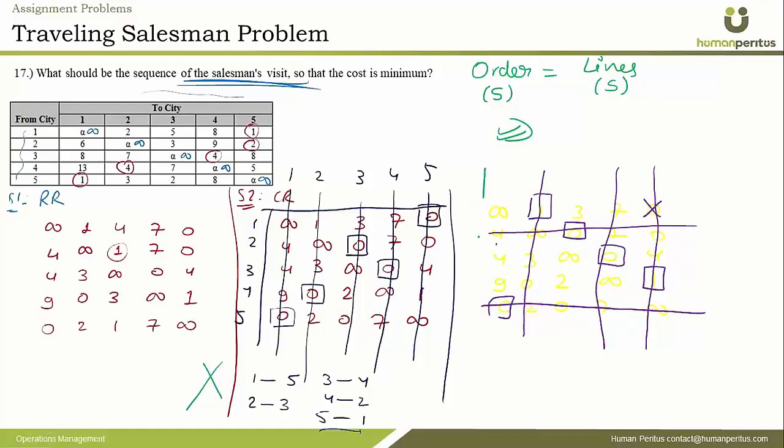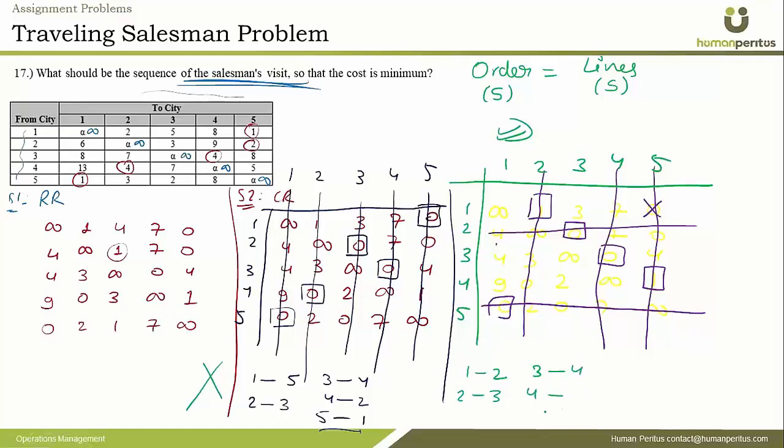So what is happening? Let me write here. 1, 2, 3, 4, 5. 1, 2, 3, 4, 5. Okay. So from 1 it can go to 2. From 2 it is going to 3. From 3 it is going to 4. From 4 he is going to 5. From 5 he is going to 1.